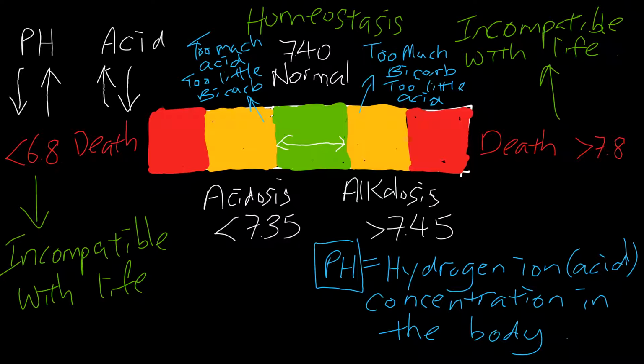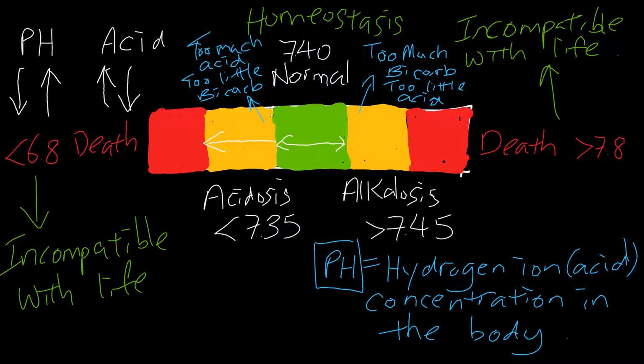All right, so let's say when there is too much acid and too little bicarb in the body, the pH will continue to decrease. And if it reaches 7.35 or less and is not corrected, then the body is going to go into an acidotic state.